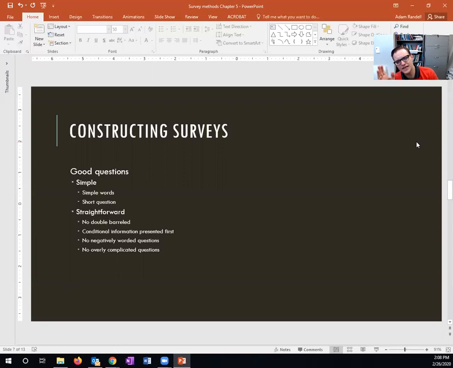You want to keep your questions straightforward. Don't needlessly complicate them. Okay, so you should avoid double-barreled questions. So that question we've been playing with so far, to what extent do you think about and long for the past? That's a double-barreled question. You're really asking two questions in there instead of just one. Now you may be thinking, well, that's all one question, but it's not. All right, because some people may think about the past but not really long for it, while others may long for the past but hardly ever actually think about it.